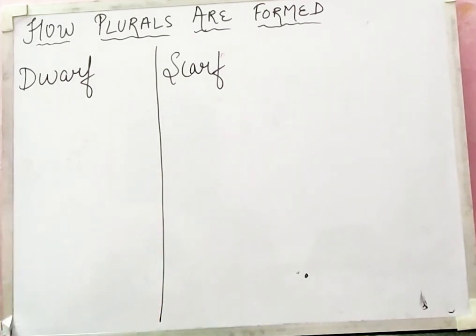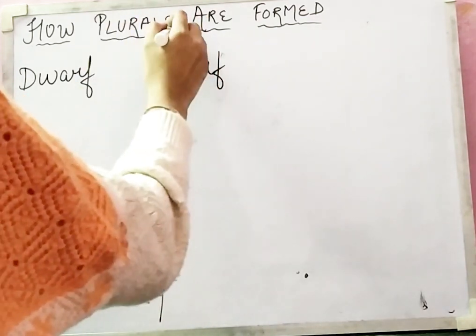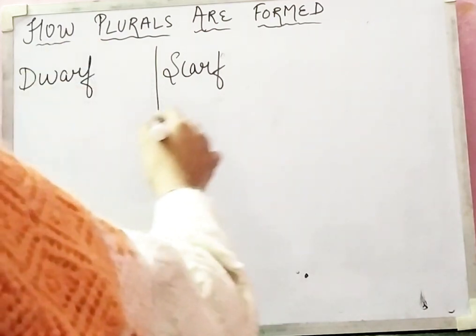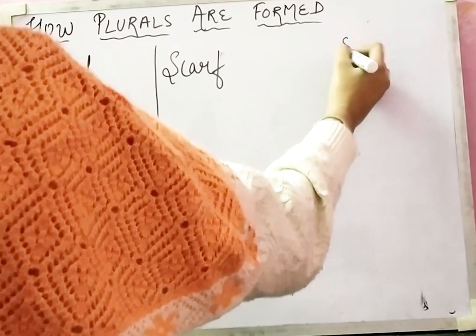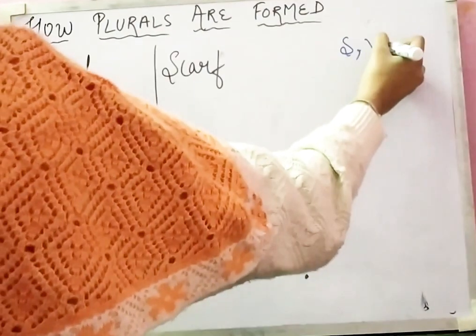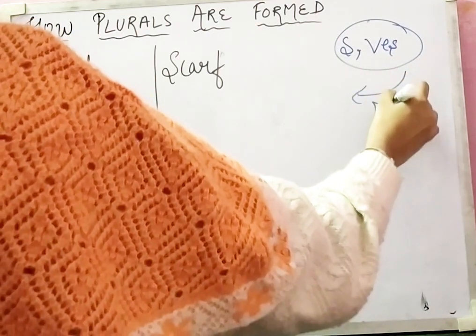So in this particular we are saying these are two nouns, and to form plurals, they either add s or ves to make them plural.